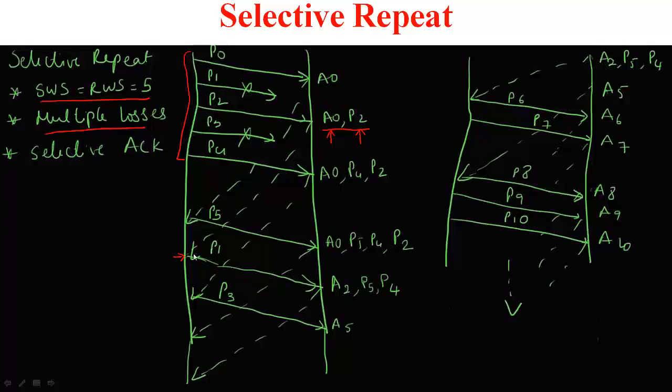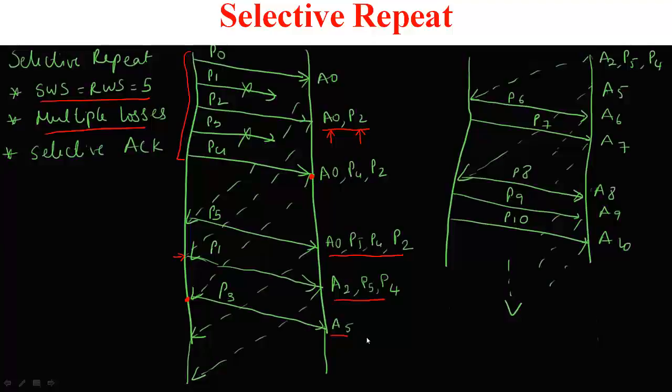In other words, P1 didn't reach, so it retransmitted P1. And again, in response to this ACK here, the sender figured out that P3 was lost and retransmitted P3. Now when P5 came, because you sent the selective acknowledgement, the ACKs take these forms in response to P5, P1 and P3.